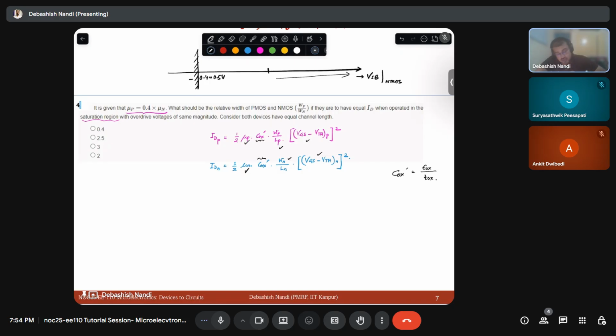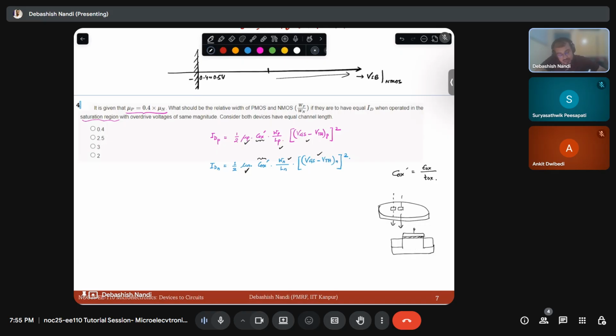So on a single wafer, if you pattern your PMOS and NMOS, your vertical dimensions remain the same. So basically, this oxide layer will remain the same.